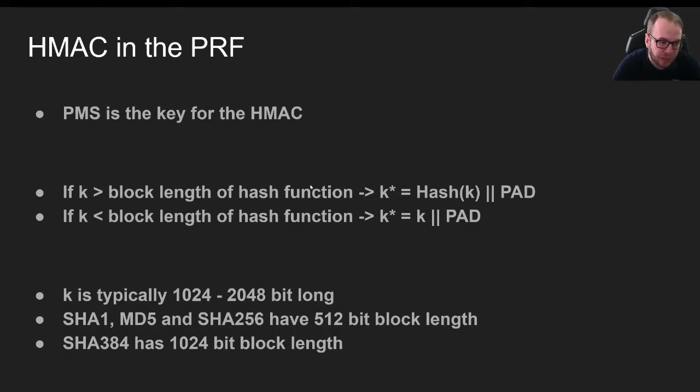In SHA-384, the block length is 1024 bits. So here you are sometimes in the smaller case, namely if your modulus is 1024 bits long, then you are always under the block length.